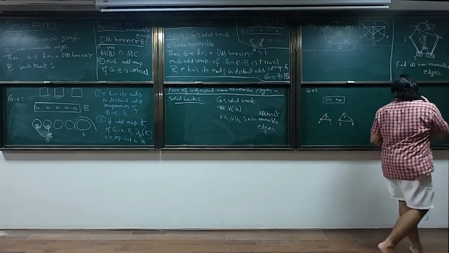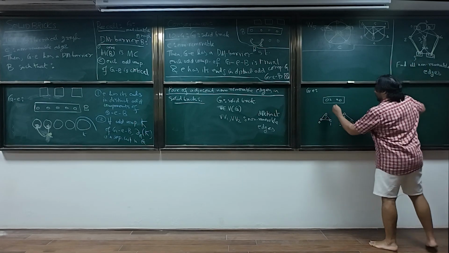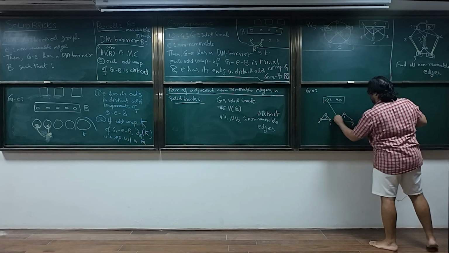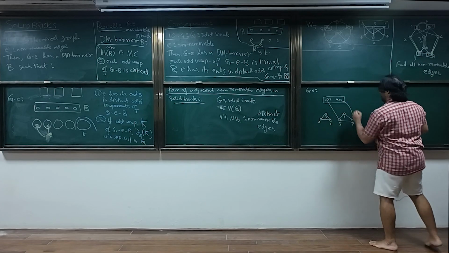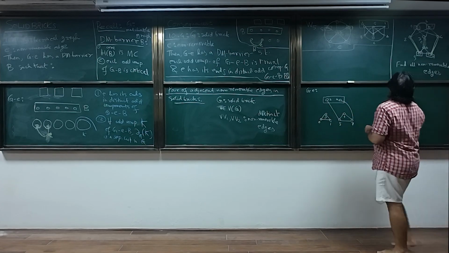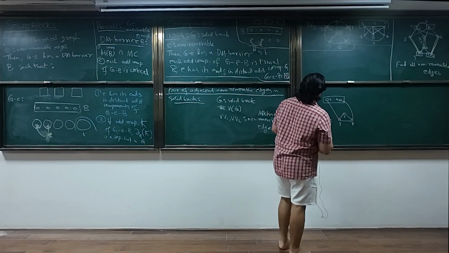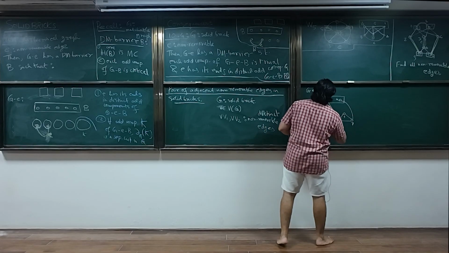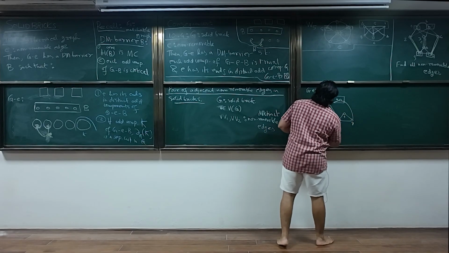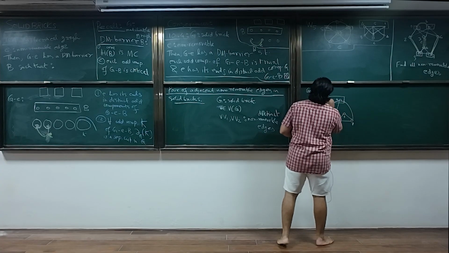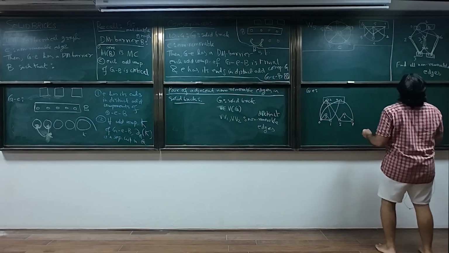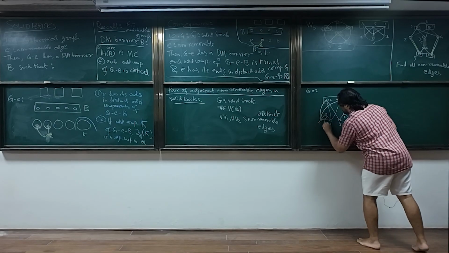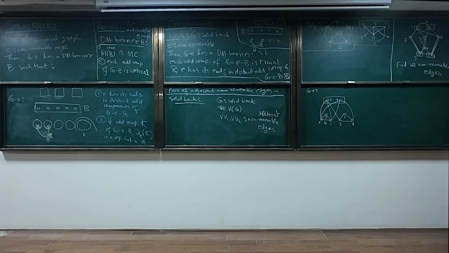Okay, let's complete the whole drawing. 5 goes to 2, 7 goes to 4, and 0 is adjacent to 2, 3 and 4, therefore here and here. 1 is adjacent to 2, 3 and 4. And this is my edge H, and the edge we removed is 3, 6.